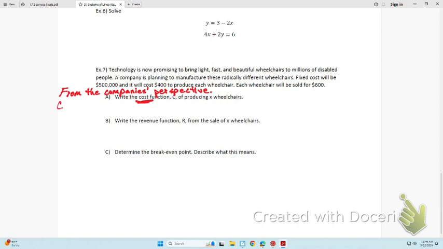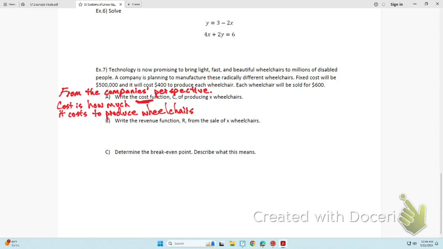Cost is how much it costs to produce wheelchairs. This is not what the customer is aware of.